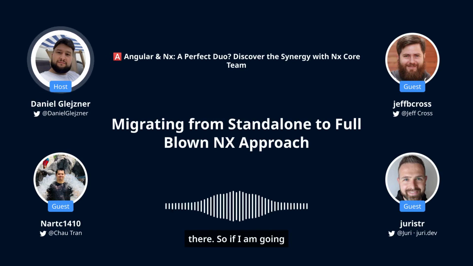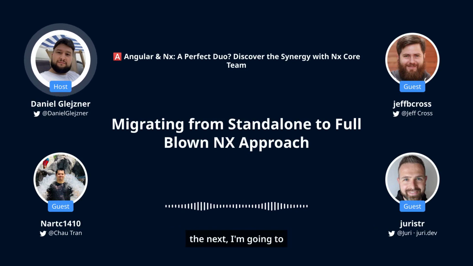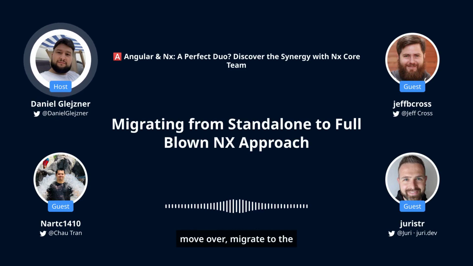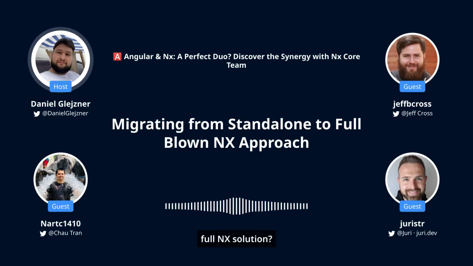So if I'm going to start my project, let's say I'm that guy who fears libraries and is not familiar with Nx, I'm going to start my project as a standalone, and my project is going to grow, and I'm then going to understand that I really need that full-blown Nx approach with libraries. Is there any way that I can easily migrate to the full Nx solution?